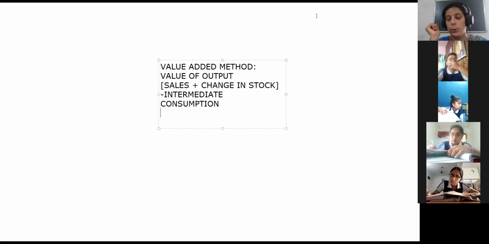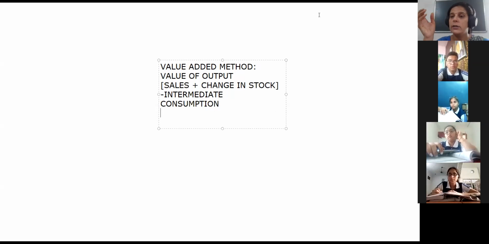Suppose it is a restaurant holder and he is selling samosas and pakoras or whatever sweets he is selling. Whatever the milk, the oil, the sugar or onion, whatever things are provided, services also, whatever expenditure is done by the restaurant holder for producing those sweets or pakoras is known as the intermediate consumption, and whatever amount he is going to sell, that is known as the value of output.